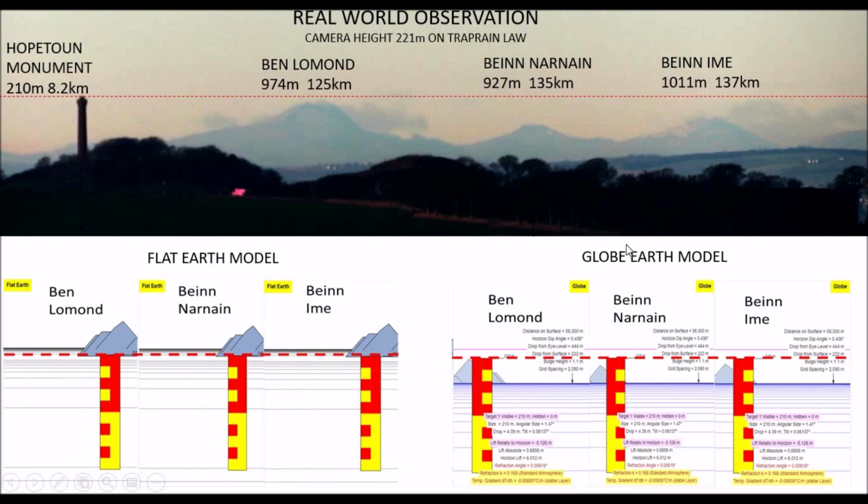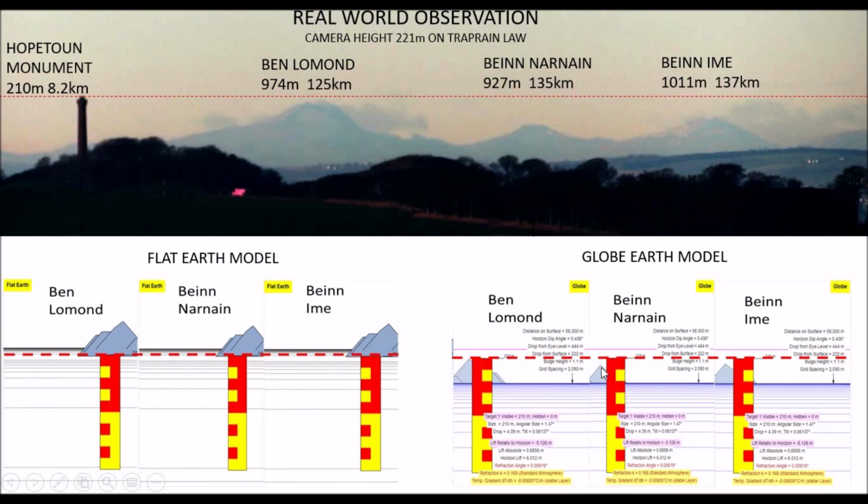The globe Earth model or spherical Earth model predicts exactly what we actually observe. Again, the red dotted line is drawn across the top of the height of the Hopetoun monument and Byers Hill. Ben Lomond almost touches that line, just as we see here.